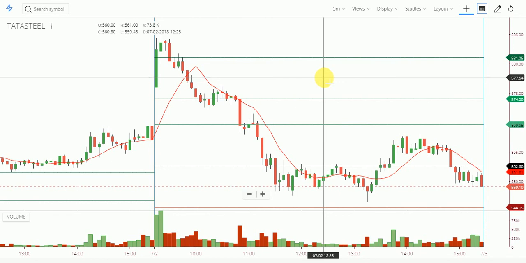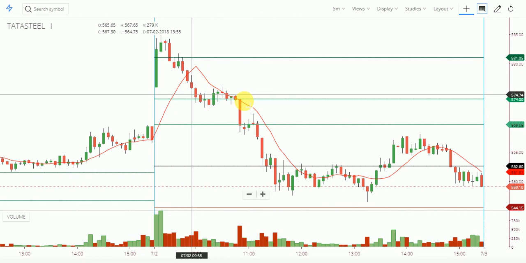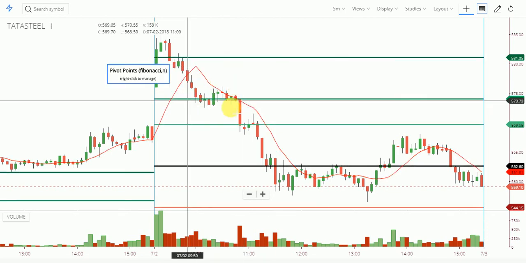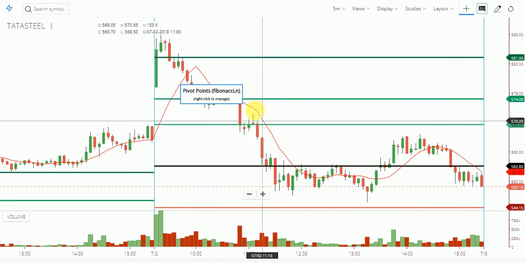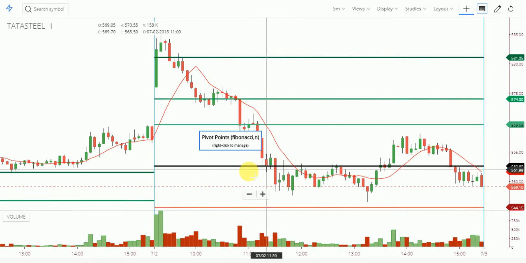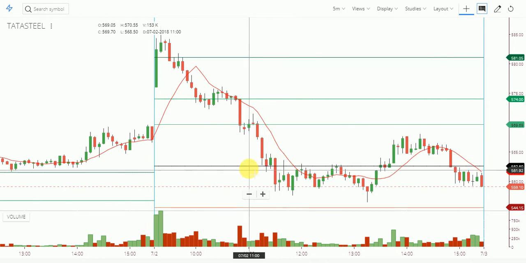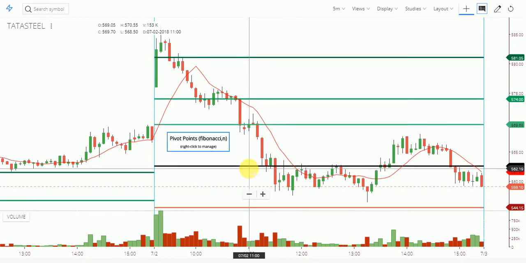You can assume whatever, right? But in the real case, you can see here it is respecting nicely, and here it is respecting nicely, meaning the pivot is supporting properly, right? You can believe in the pivot, but you have to focus properly on one system only, not multiple systems.